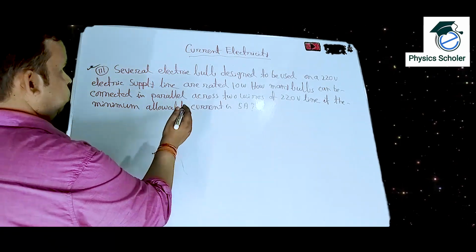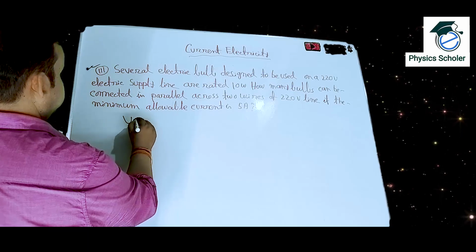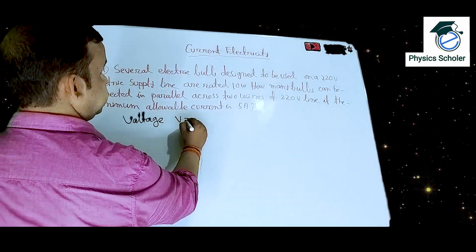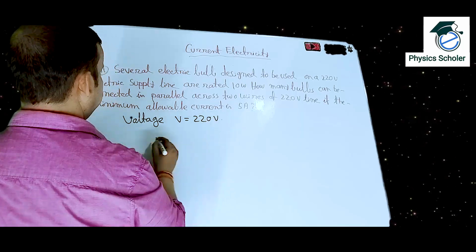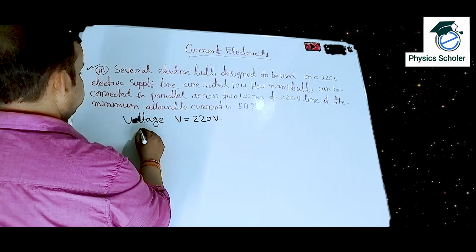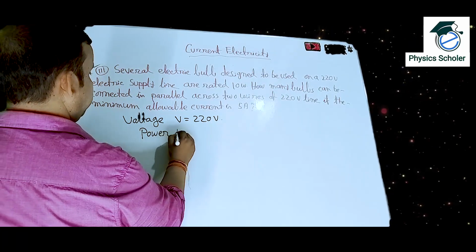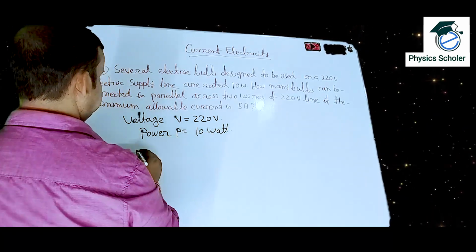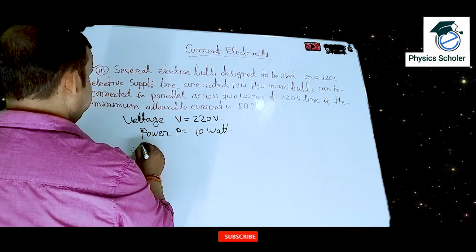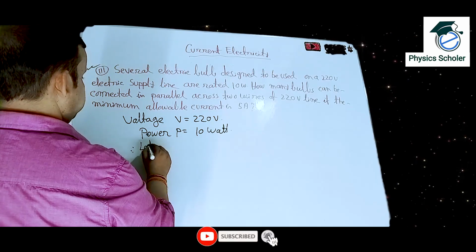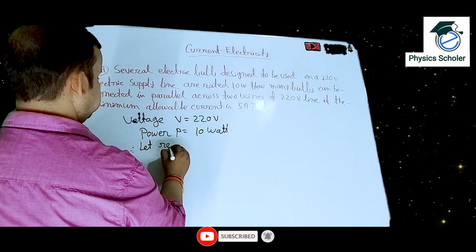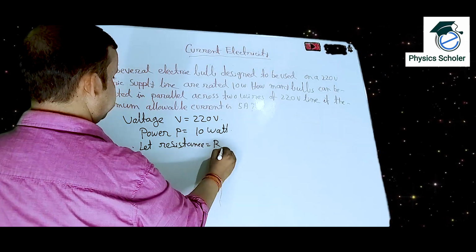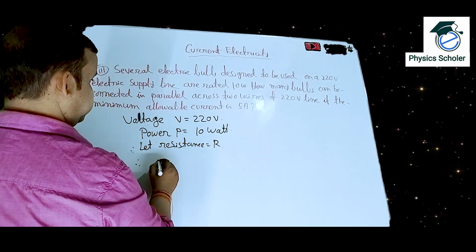Okay. So what is given? The voltage V is equal to 220 volt. Power P is equal to 10 watt. So let the resistance be R. So what we can write?